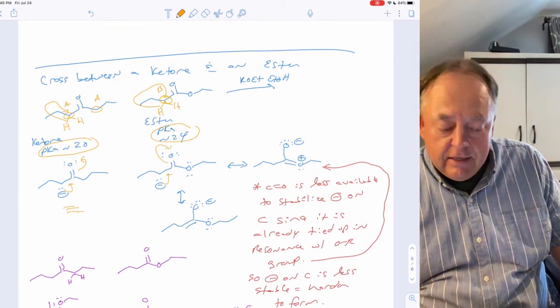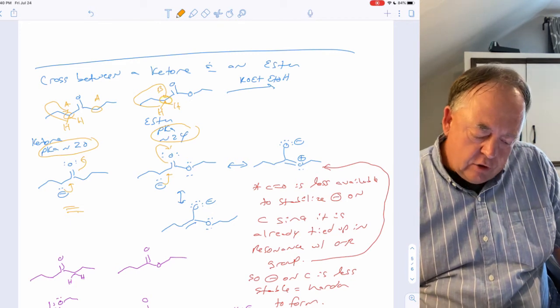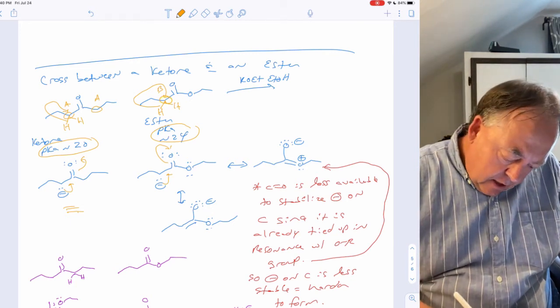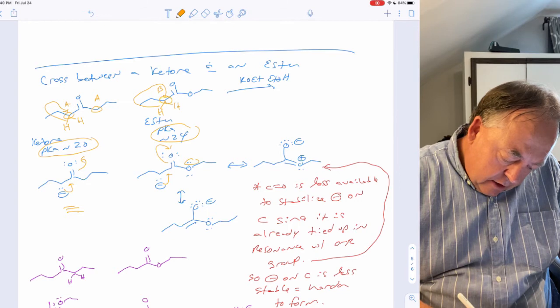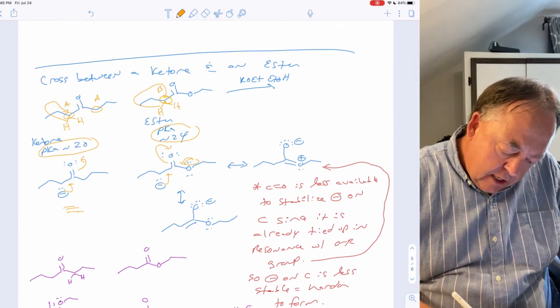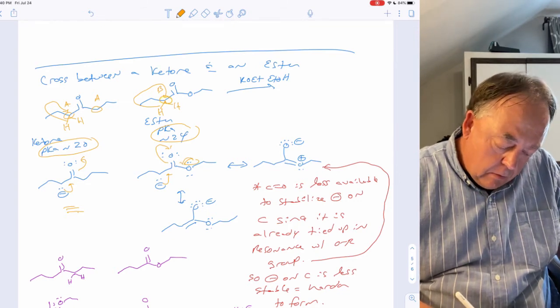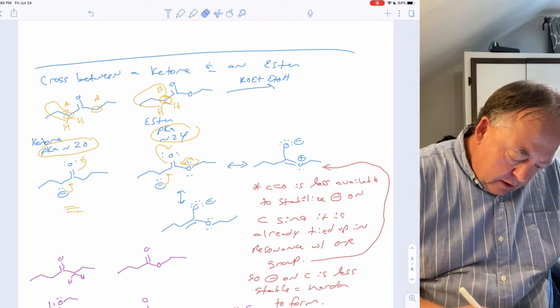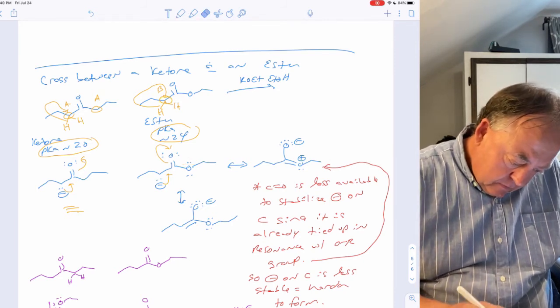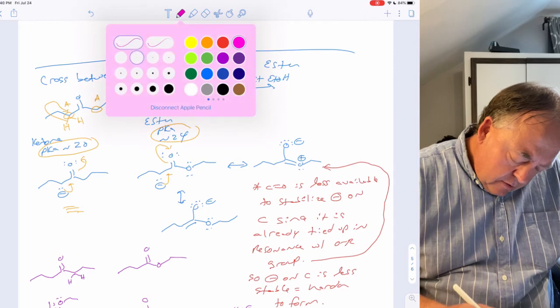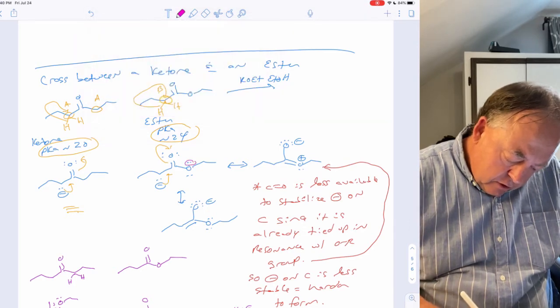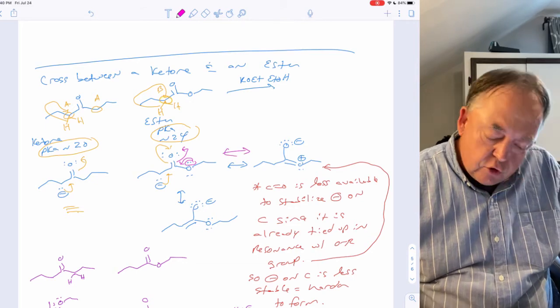The problem is that the carbon-oxygen double bond is already tied up in resonance, because you could take the lone pair on oxygen and move those down to make a double bond. Let's just do this in a different color. Right, you could do this instead. You could take those, move these down and make a double bond there, and move these up and draw this resonance form.